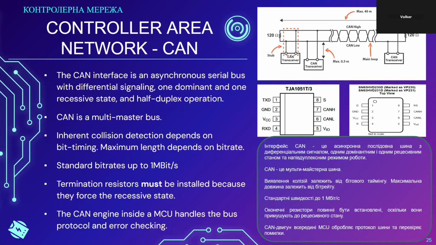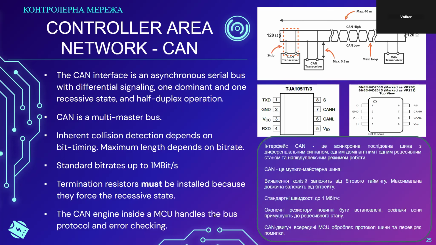But in addition to avoiding reflections, the termination resistors are essentially enforcing the recessive state. They're pulling the bus towards the zero state. So they must be installed.